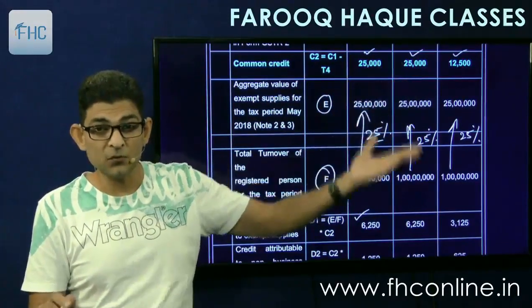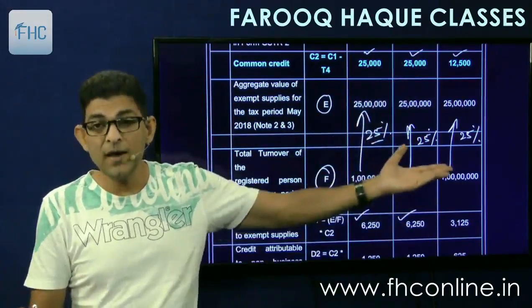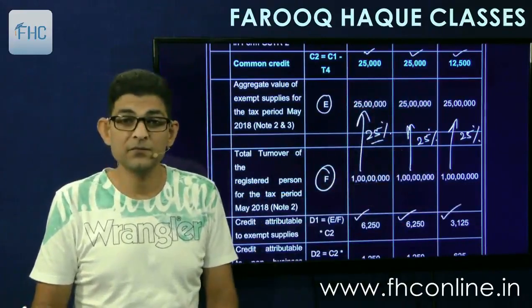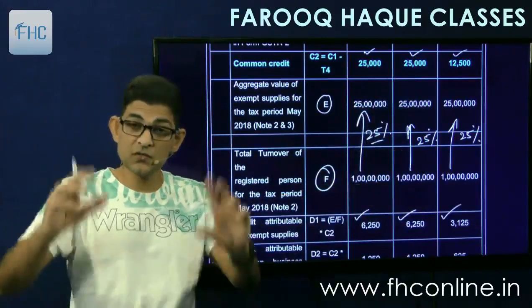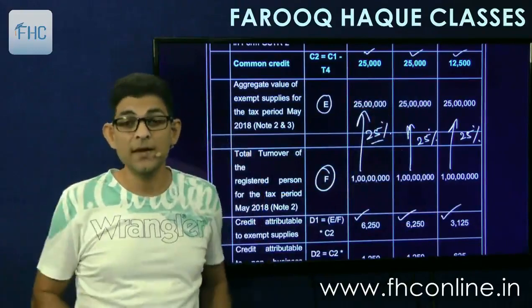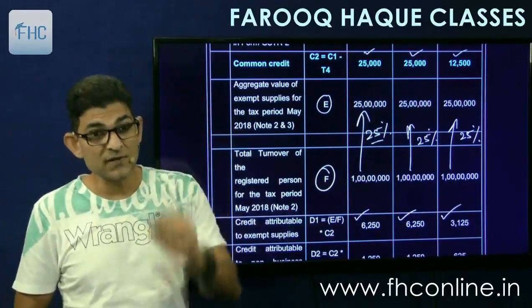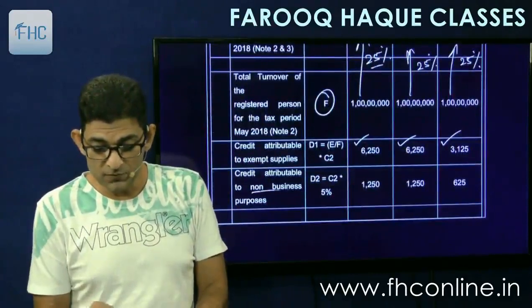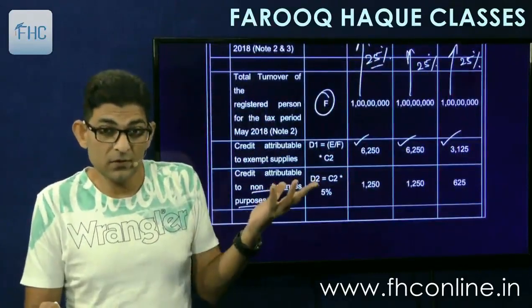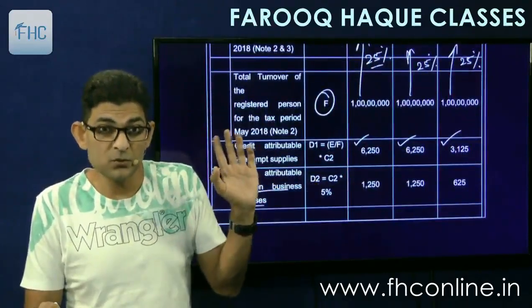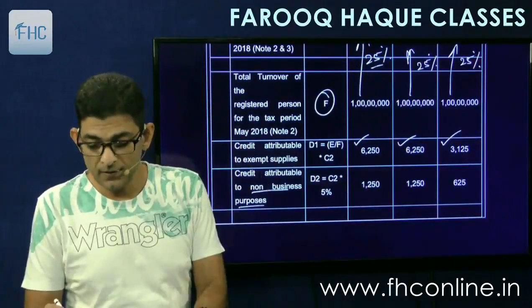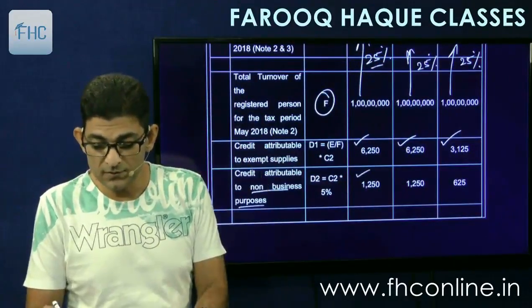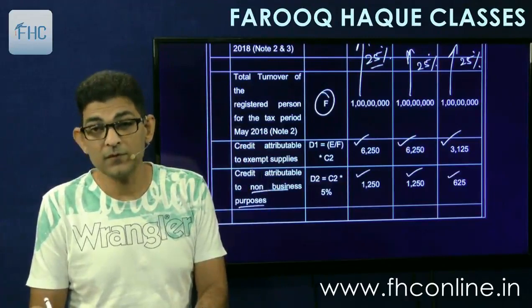Similarly 25% of 25,000, 6,250, and 3,125. So this is in respect of exempt supplies. Then I have to also reverse that 5% ad hoc for non-business use. So for non-business use, assuming that these have been put for non-business use also, 5% is 1,250, 1,250, 625.